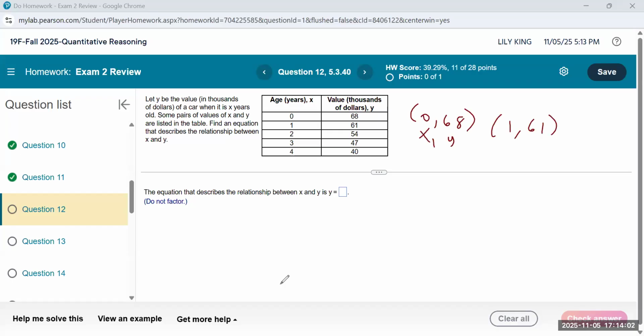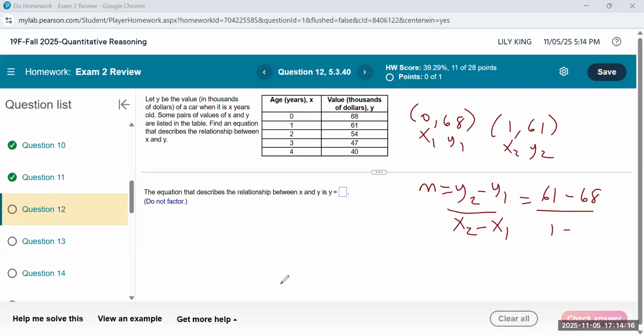Label your coordinates as x1, y1, x2, y2, and use your slope formula to find the slope. So we have 61 minus 68 divided by 1 minus 0. And 61 minus 68 is negative 7. Negative 7 divided by 1 is still negative 7.